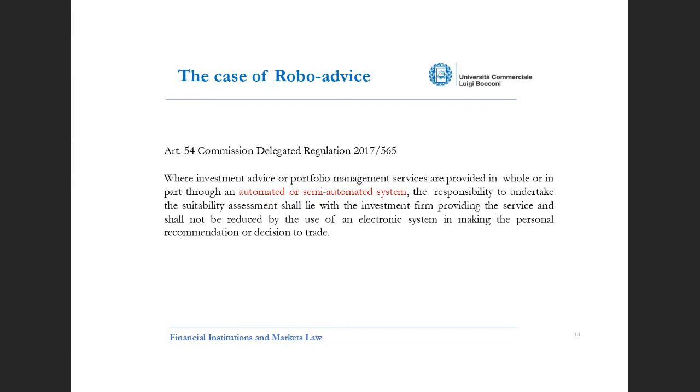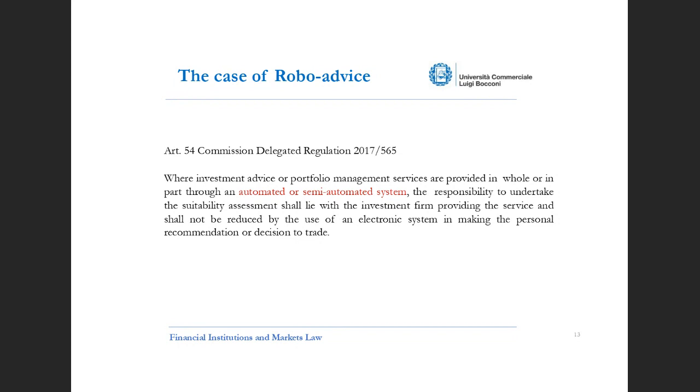Regulators all across Europe think that MiFID rules are sufficiently flexible in order to address these new phenomena. We do not need to have specific rules that apply to the robo-advice world, but we need to stress, and this is what Article 54 of the delegated regulation says, the fact that regardless of the way through which the service is provided, whether it is a traditional service or it is a fintech service, the ultimate responsibility to ensure that the suitability assessment is appropriately carried out lies upon the investment firm.